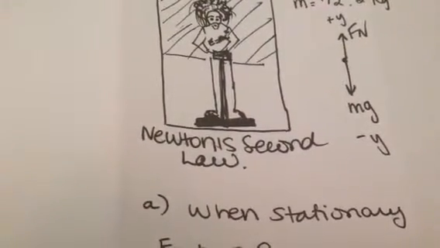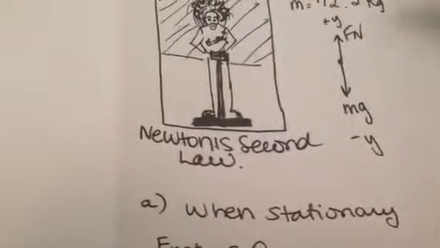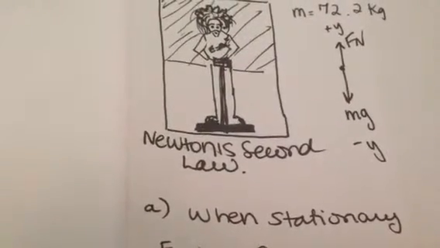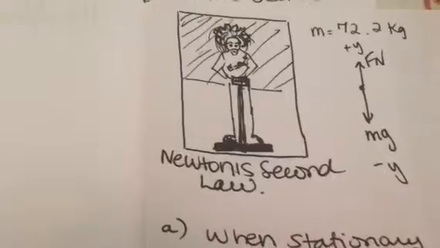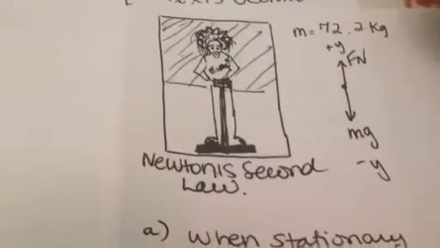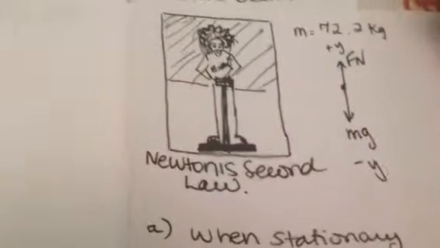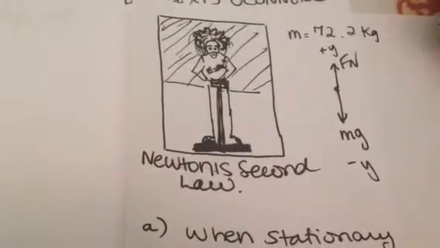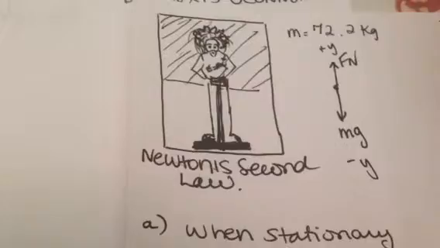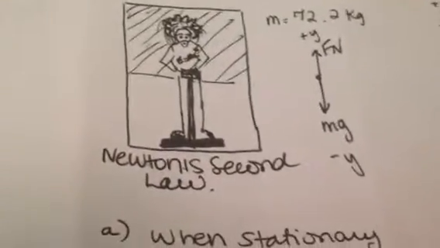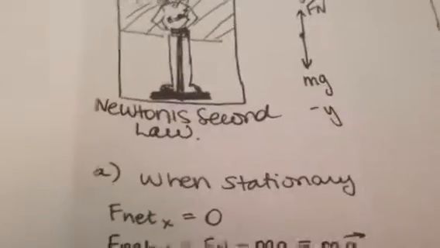So we can find what his scale reading is when he's stationary. We know that his real F net in the y is 0, his actual total force. But his scale reading is something different than that, and that is called apparent weight.